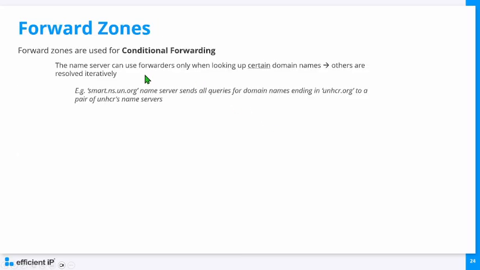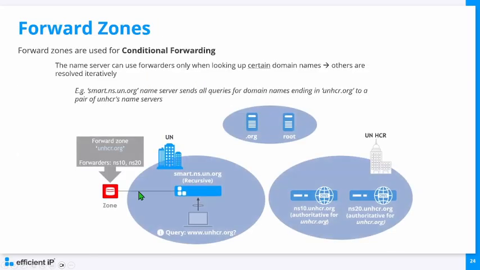So this is the forwarder zone. You will be able to set a forwarder zone, for example, for unhcr.org. For any query for this domain, you will be forwarding to this forwarder, which is NS10, NS20.